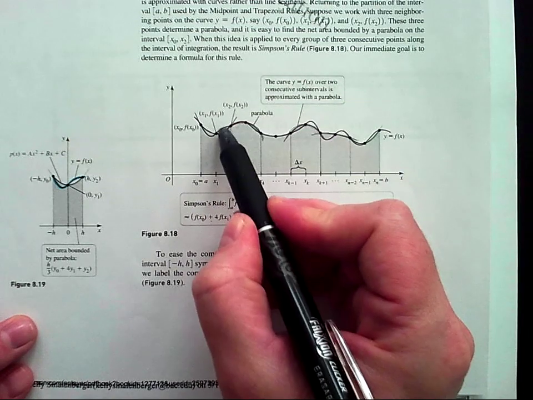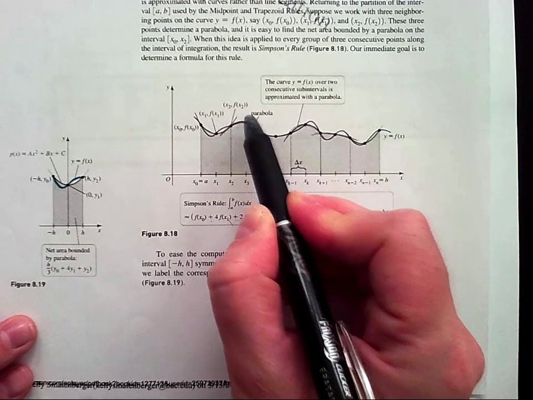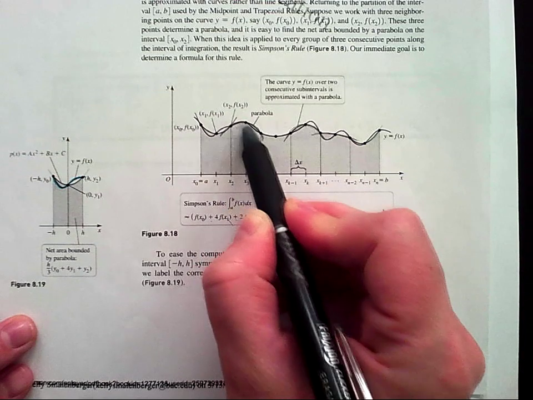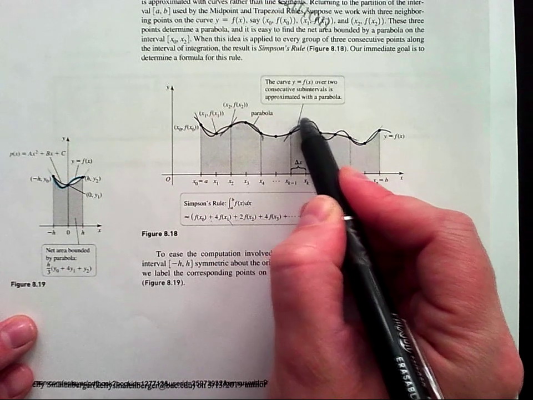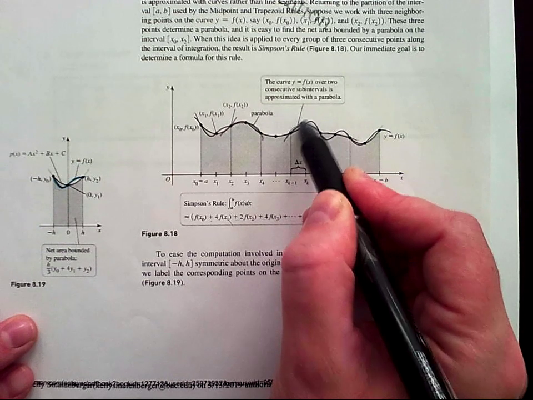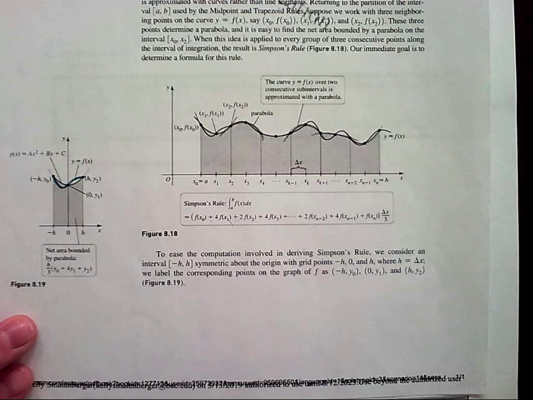So you're approximating this curve between these 3 points with a quadratic function. So that's really smooth. Same thing here, see? I'm saying that this is a quadratic function, and then that's where you're coming up with that stuff.